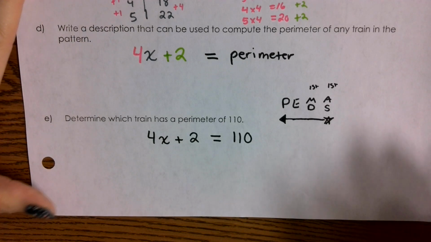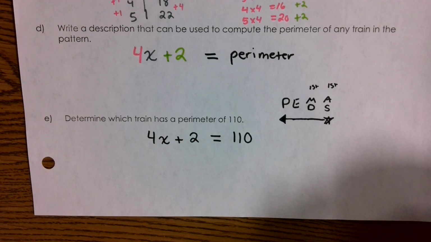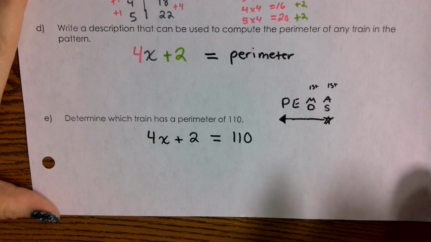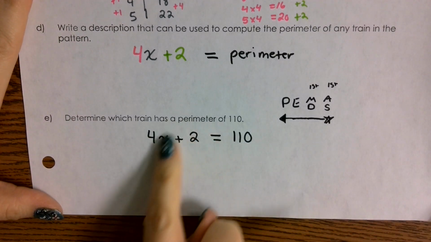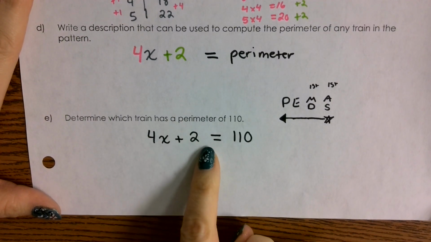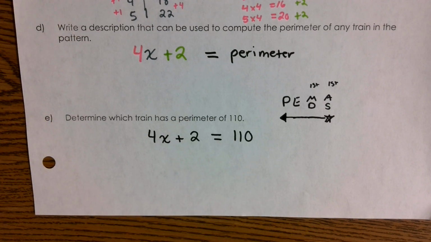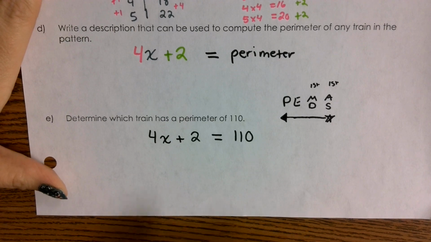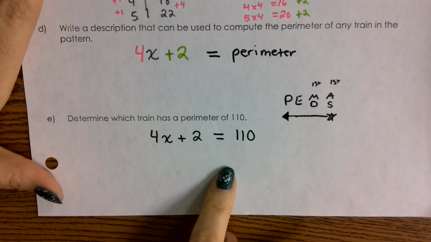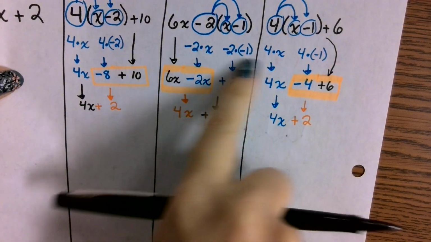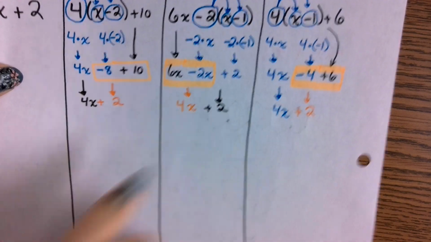Now, you always want to simplify as much as you can before solving, because typically, if you can simplify, you can get it down to what we call a two-step equation. When we talk about multi-step equations, that means you have to simplify information first, like doing the distributive property and combining like terms, before you can solve.